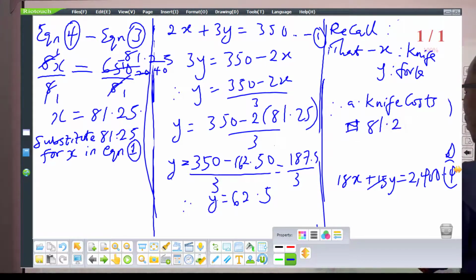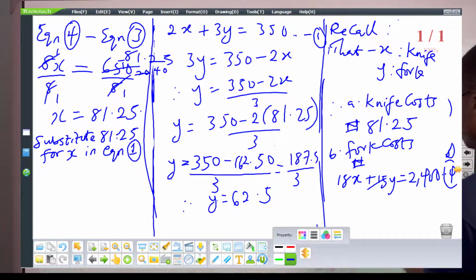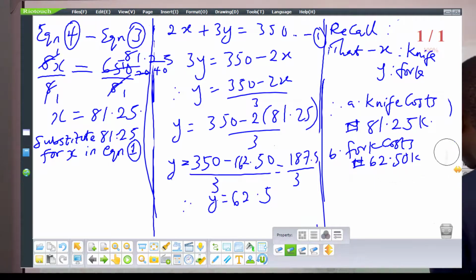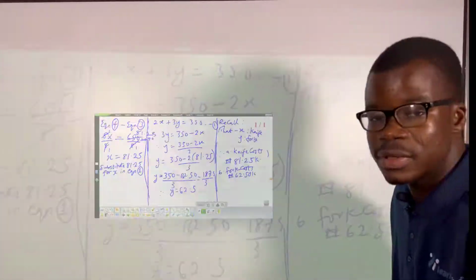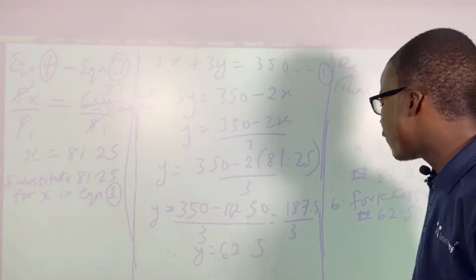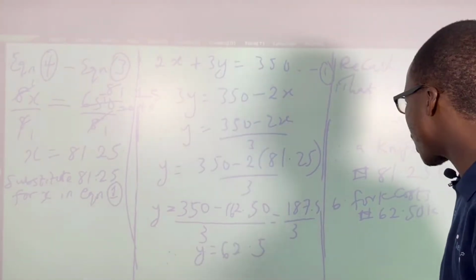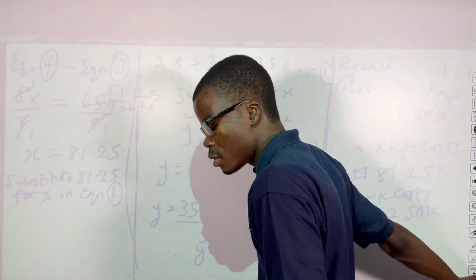Knife costs 81 naira 25 kobo, while fork costs 62 naira 50 kobo respectively. So in this way, we've been able to solve the question. The value of knife is 81.25, while the value of fork is 62.5.